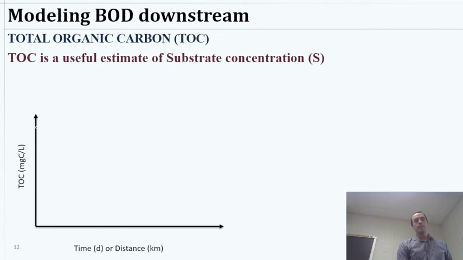Assuming that we're not adding significant amounts of organic matter from other sources, other wastewater discharges or whatever, at least in terms of the human impact here, what we would see is the TOC should be decreasing over time. Something like that, right? And that should probably be first order. So unless we linearize it, it's going to have that nice exponential decay look.